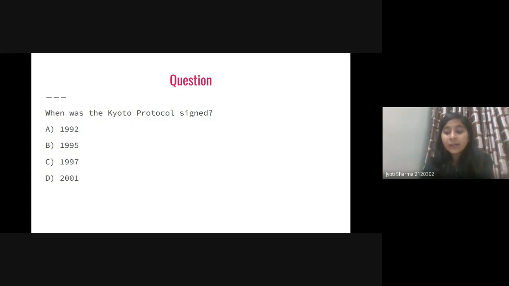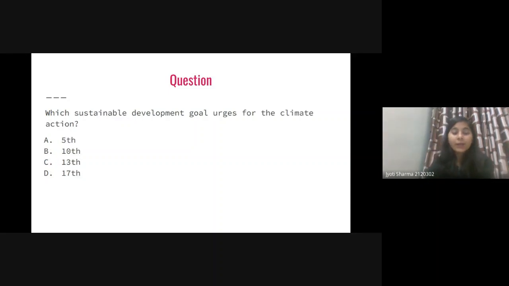Like the country told that yes, we can't be legally binded for that. So that's why this Kyoto Protocol was phased out. So it was 1997. The Kyoto Protocol was signed.